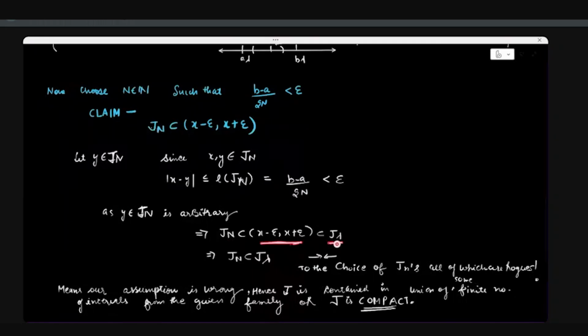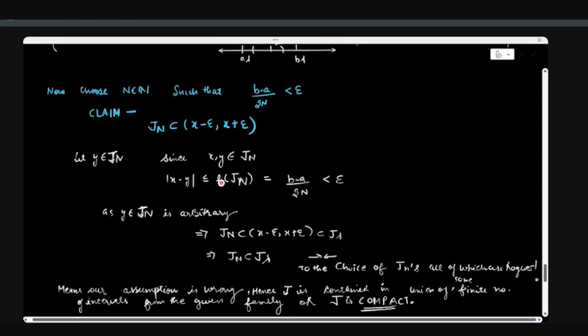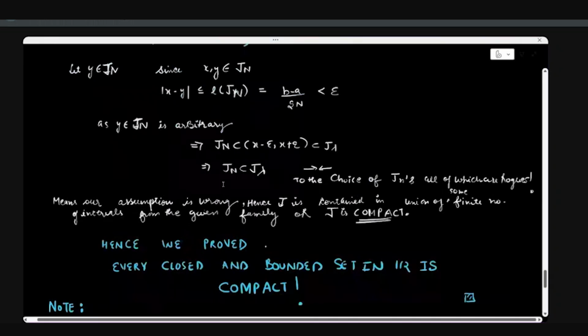But this interval lies inside J_lambda, which is one of the members of the open sets in the family. So this implies that J_n is contained in J_lambda, which is a contradiction because J_n was a rogue interval. It doesn't have a finite subcover. But this is implying that J_n has a finite subcover.